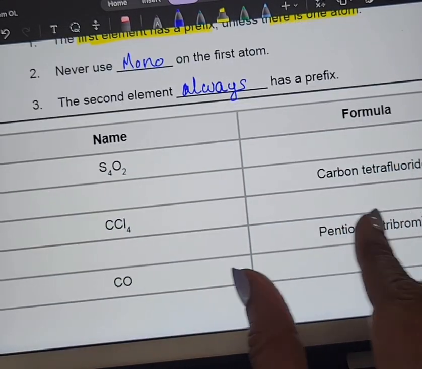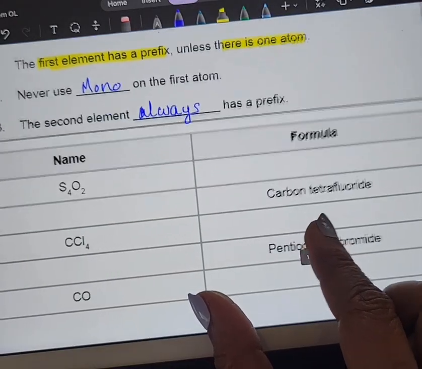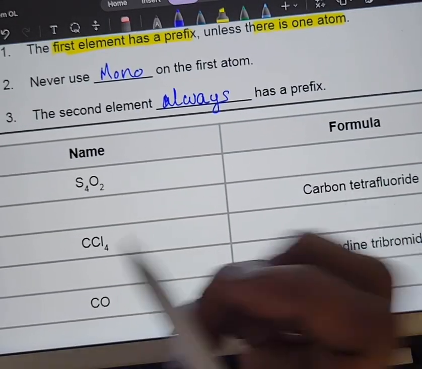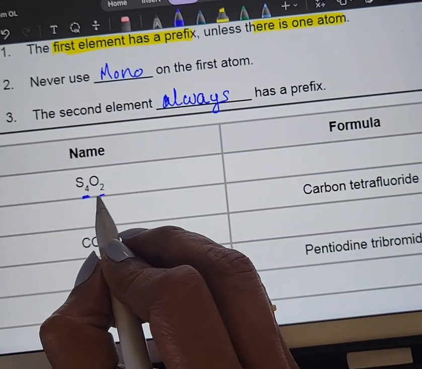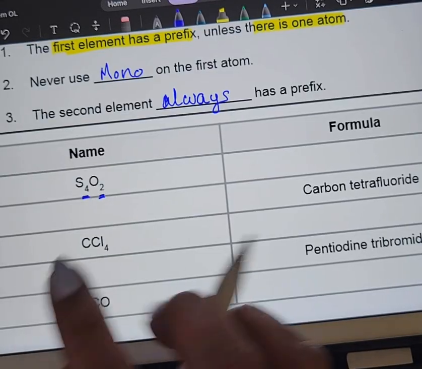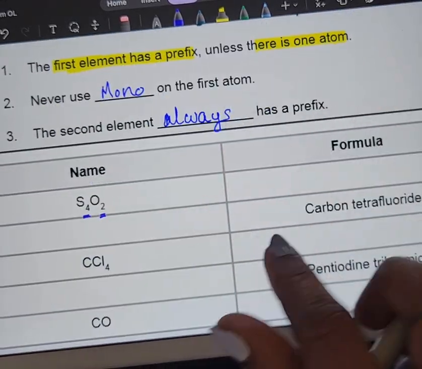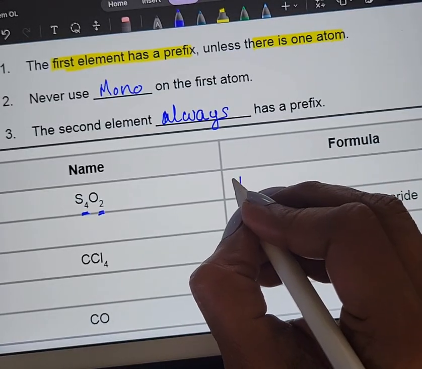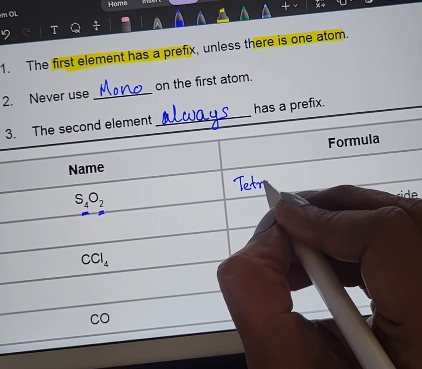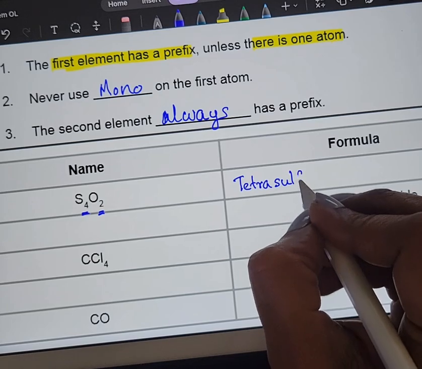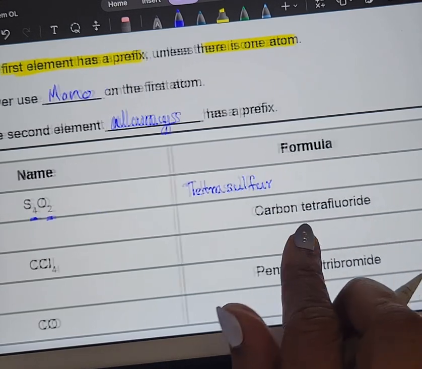Okay, let's go ahead and write it. So this one says S4O2. S is sulfur and 4 is what? Tetra. So I'm going to start the name with the prefix, which is tetra. And how many sulfur? The tetrasulfur and a space.